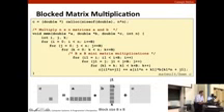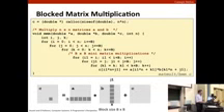So we're taking this subblock times this subblock, plus the second subblock of A times the second subblock of B, plus the third subblock of A times the third subblock of B, and so on. We're doing the same inner product operation, but instead of on scalars, we're doing it with these tiny matrices.